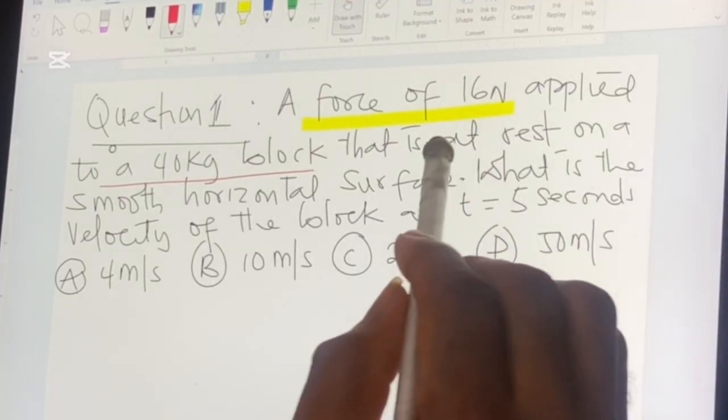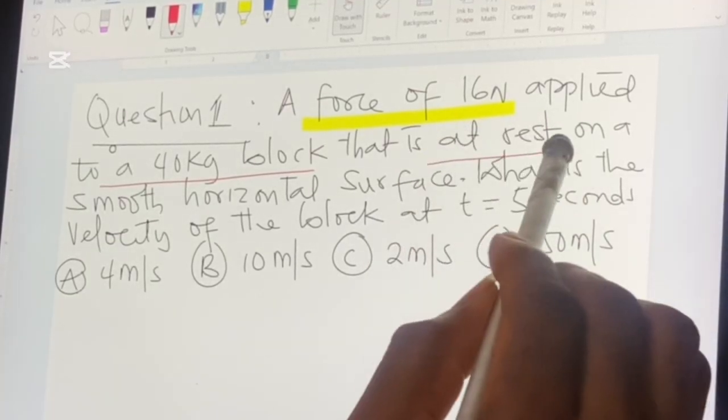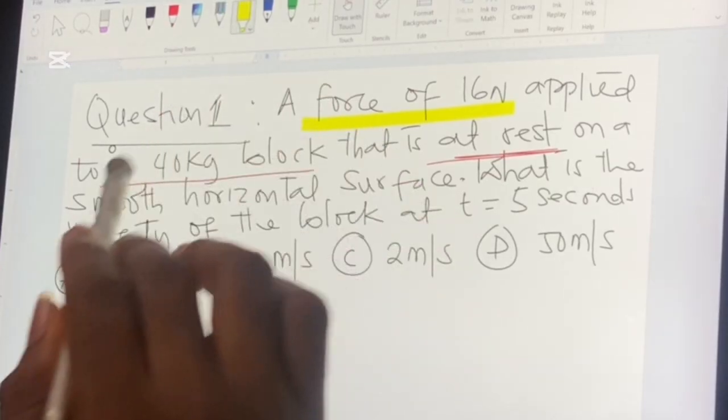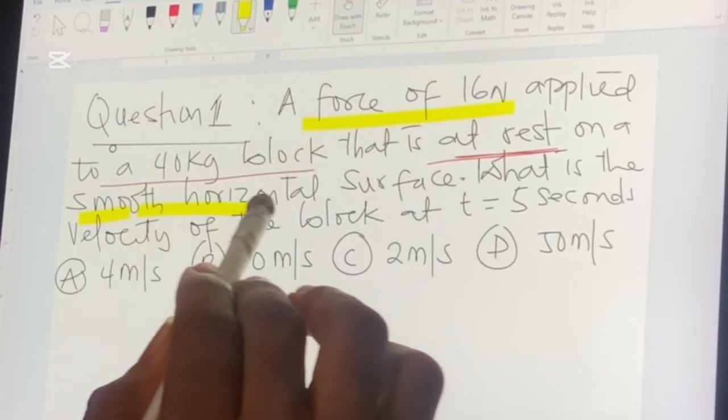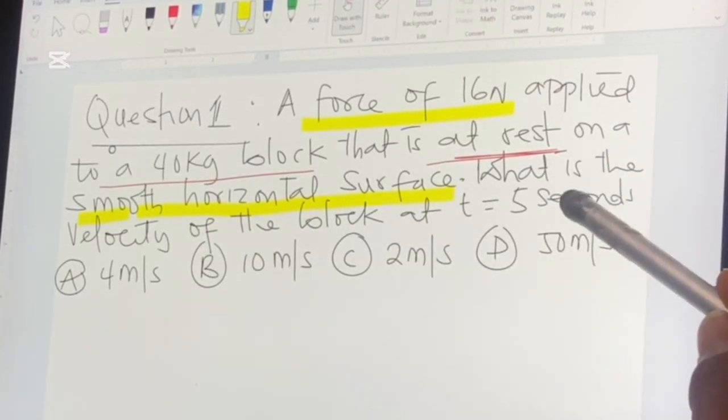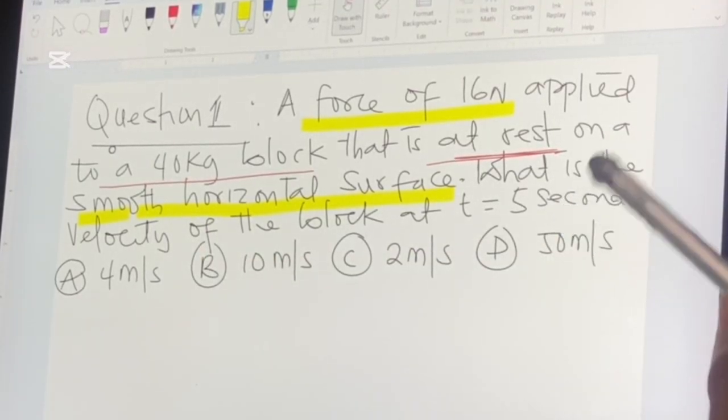We are going to understand what it means when an object is at rest. On a smooth horizontal surface. The smooth horizontal surface means that there is no friction on the surface of the object. Now what is the velocity of the block at t equal to 5 seconds?